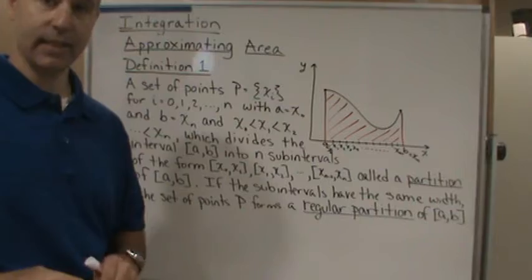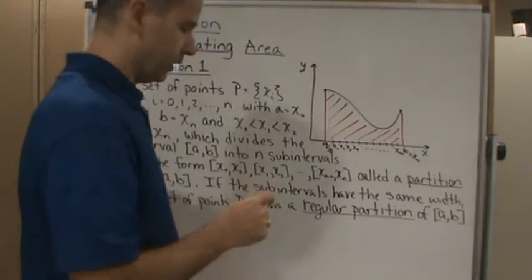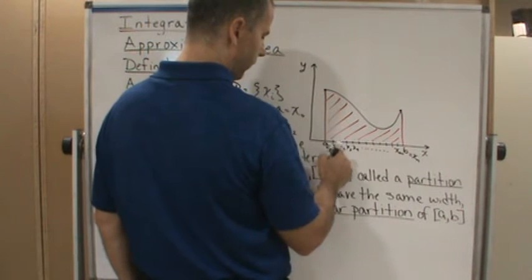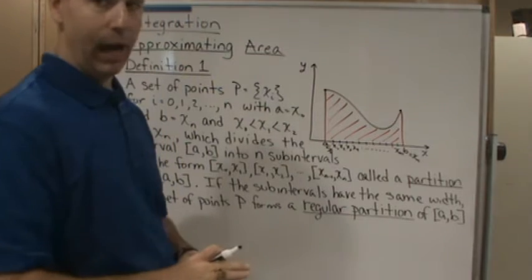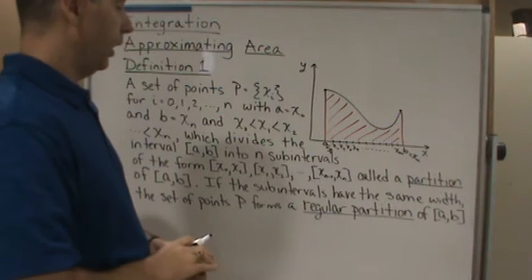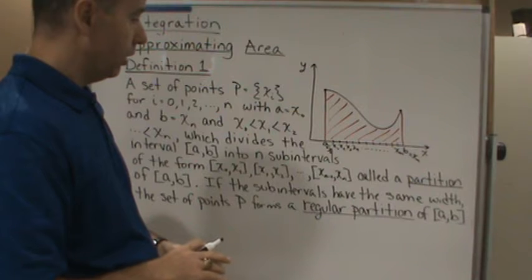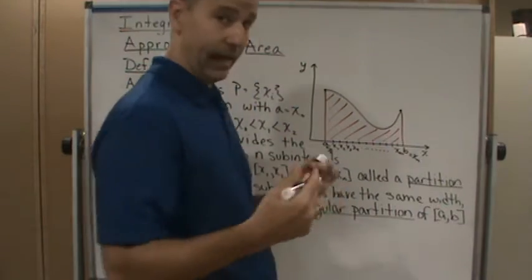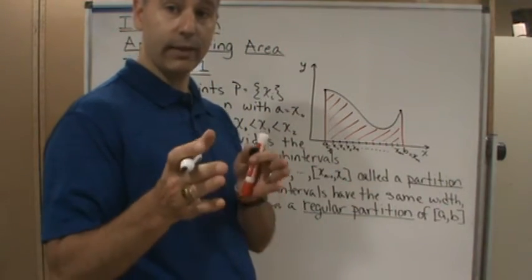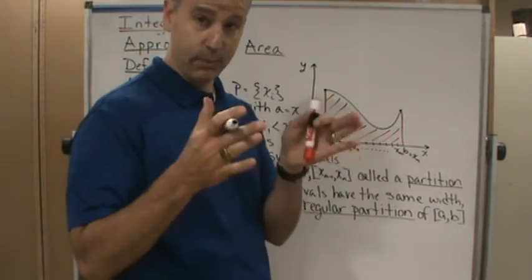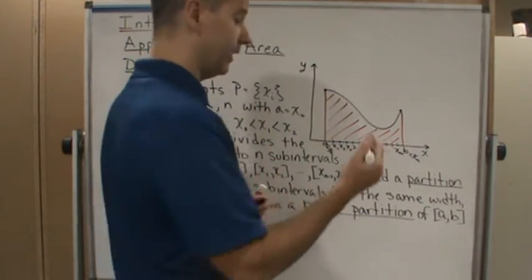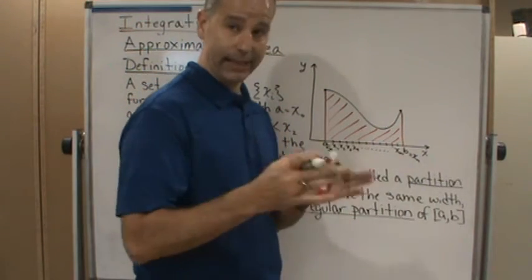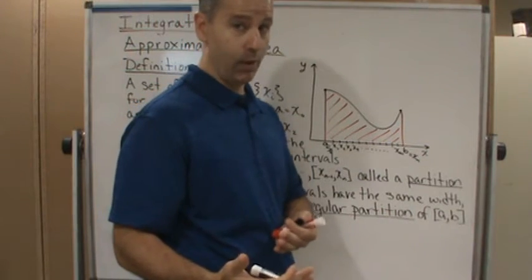Now how do we get those n subintervals? Well, there's a formula. We want to know how big our subinterval is. If we want n subintervals, again we want regular intervals. We want them all to be the same width, okay? So the way we do that is we take the range of the interval and then we divide it by how many intervals we want, n.